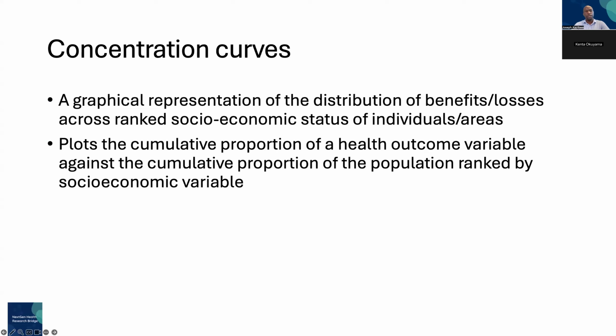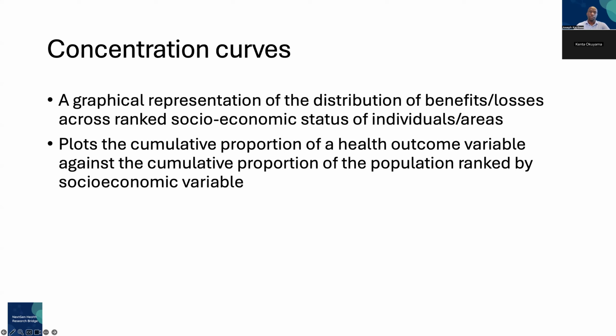One of the ways we can measure inequality is the use of concentration indices. But the concentration indices can be derived from concentration curves. The concentration curves give us a graphical representation of the distribution of the benefits or losses across socioeconomic status ranked individuals or areas.